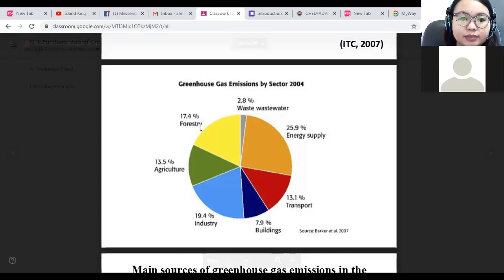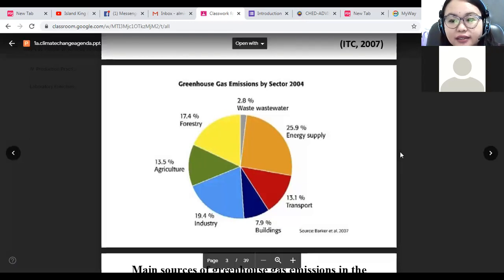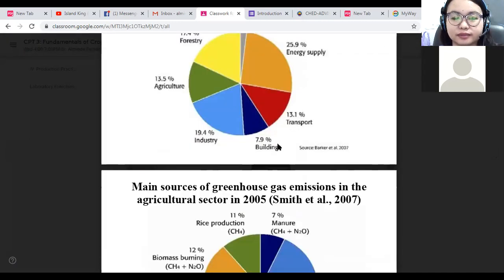And next is forestry. Forest areas have higher emissions. And next is agriculture.